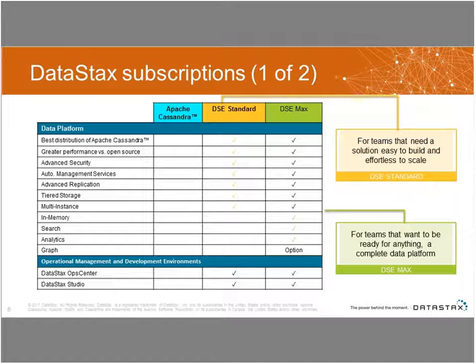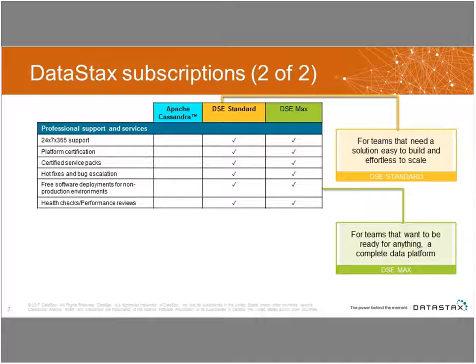It doesn't stop there, however. It also is differentiated with respect to services. So if you did want commercial support, you would get that via DataStax Enterprise. It's not offered for the Apache Cassandra open source project.